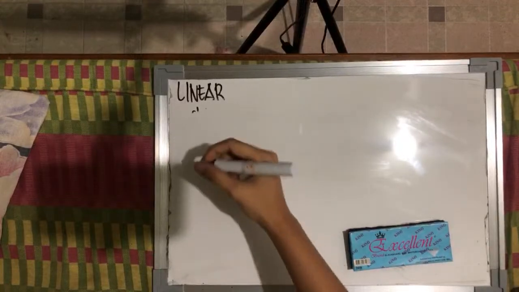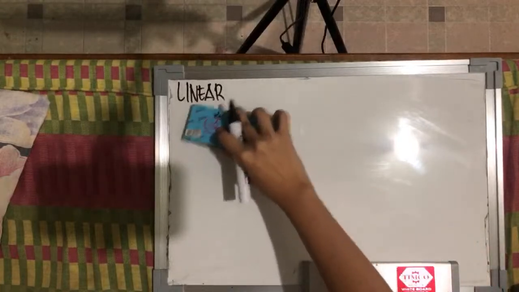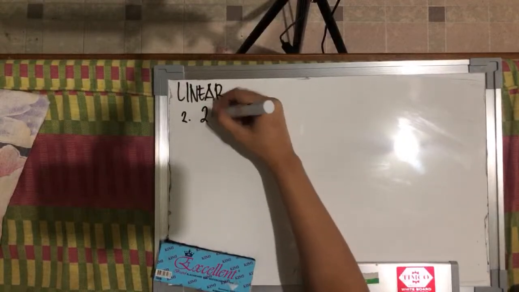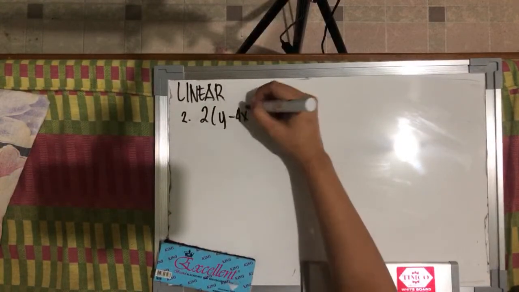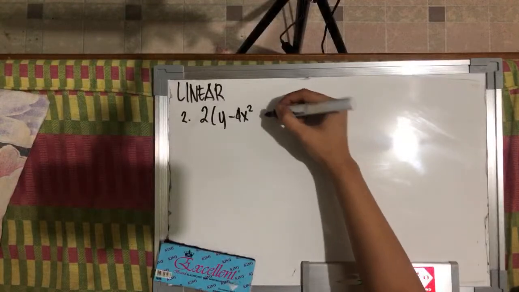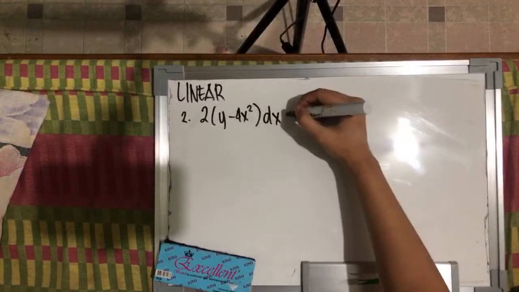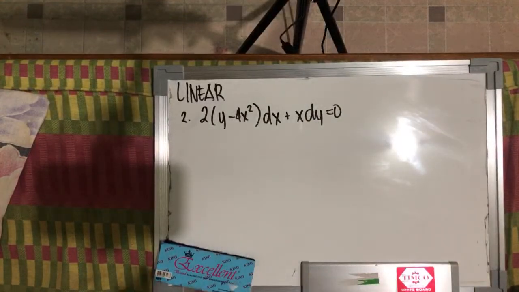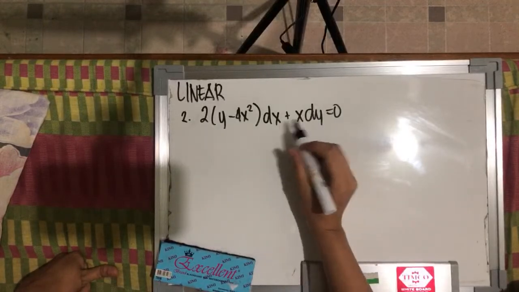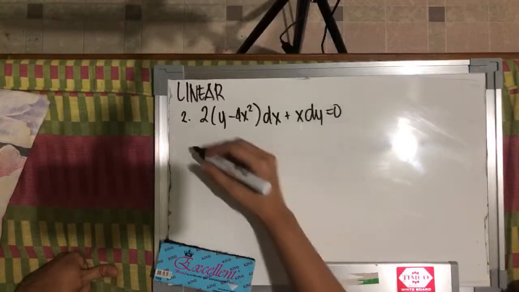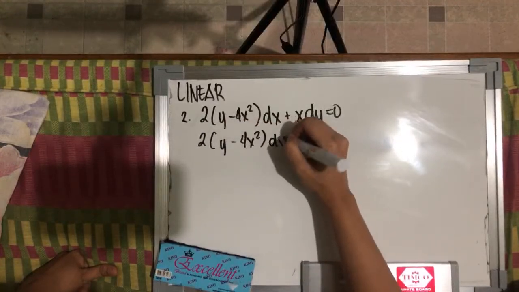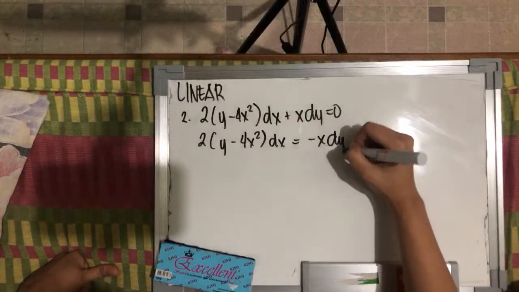So, sample number 2 first. We have 2 times y minus 4x squared dx plus x dy is equal to 0. Now, I'll arrange it again in our standard form of linear. To do that, I transpose this to the other side, so it becomes negative x dy.